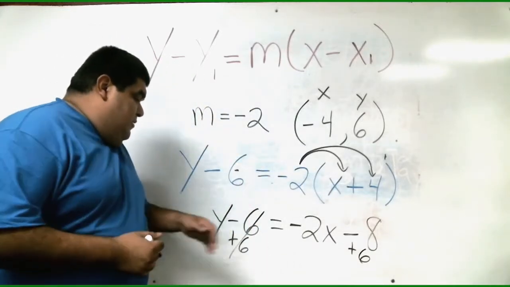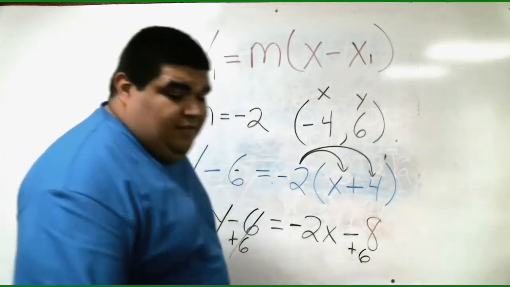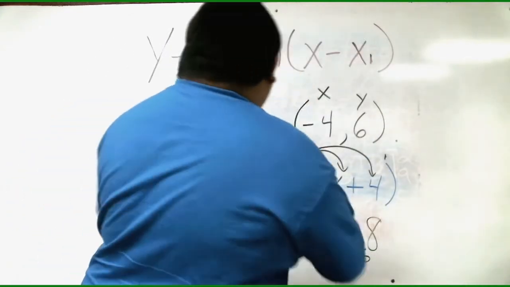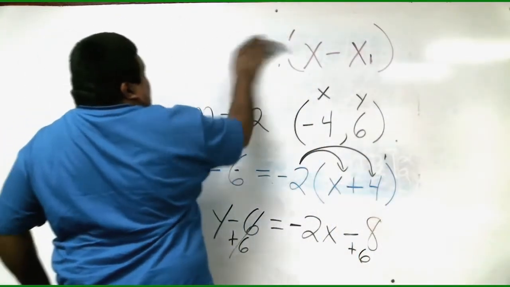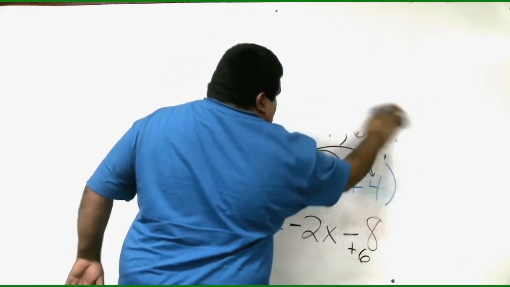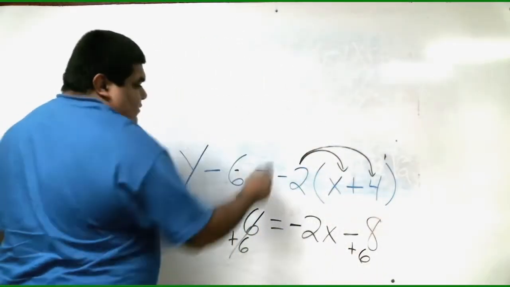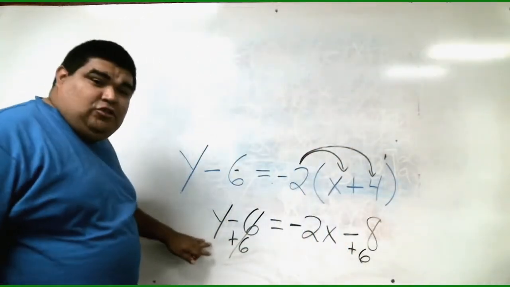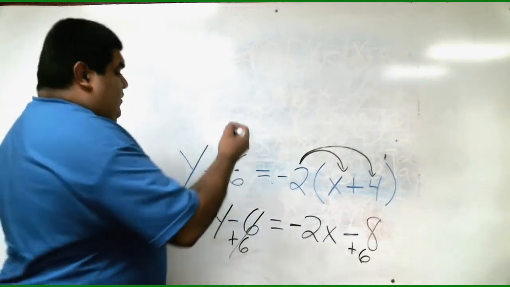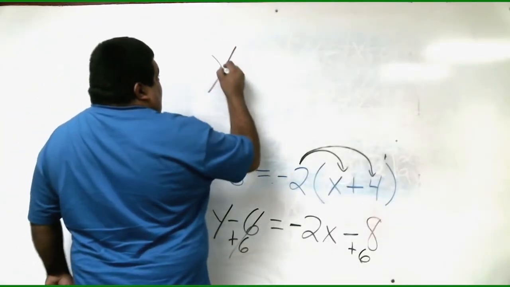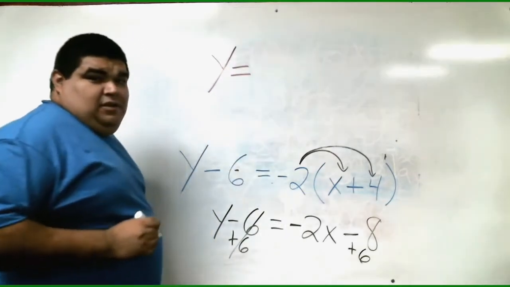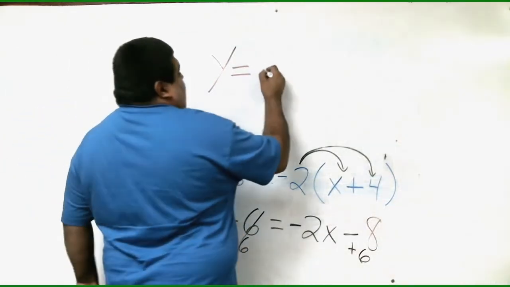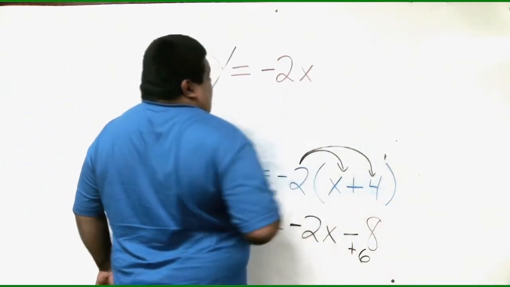Now that that happened, let's erase a little bit up here, so we have more room to write. We can say that we're left with just the y, right? Because we got rid of the 6. So we can say y equals, nothing happened to the 2x, right? So the negative 2x stays. Negative 2x.